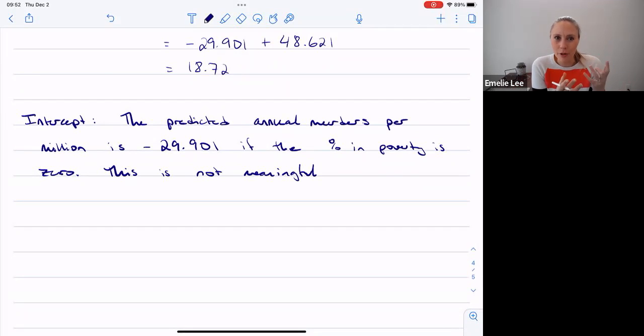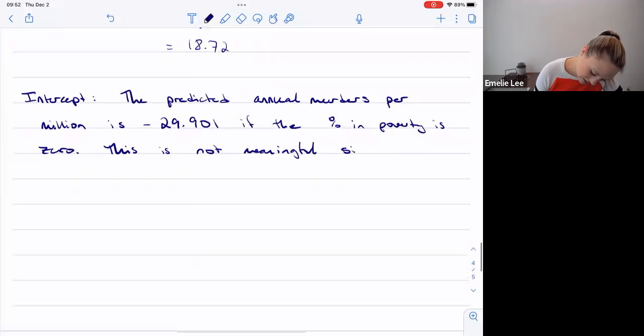You can't unmurder someone. You hit 0 and then you're done. But that's the predicted annual murders per million if the percentage in poverty is 0. So this is not meaningful since it is an extrapolation.